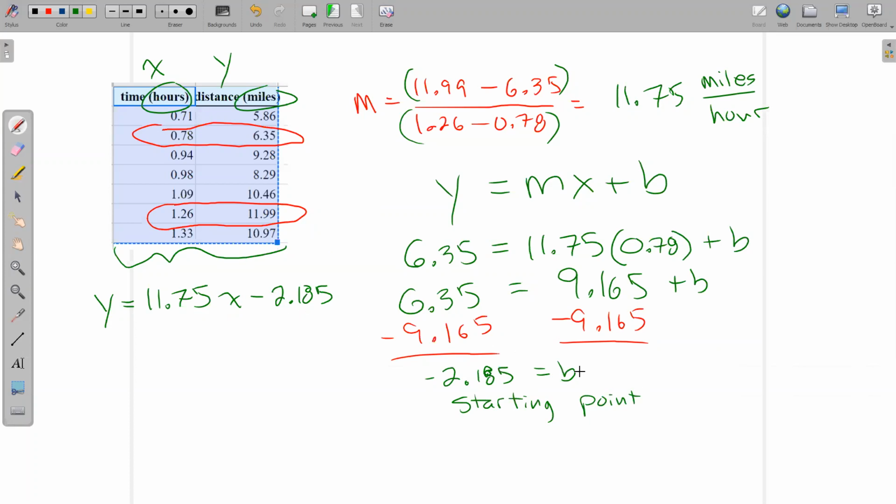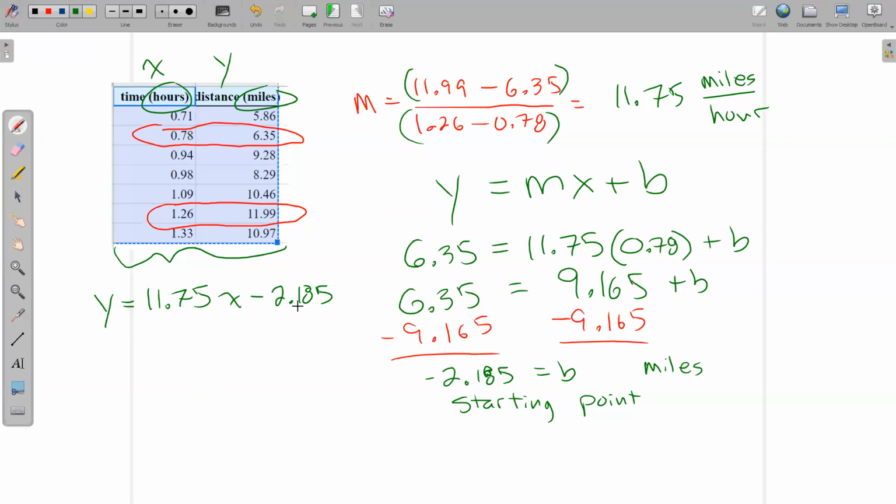B is a y value, y is miles. So this means Gary's starting at -2 miles. That's kind of weird, right? I start off wherever I start, that's 0. So this really should be 0, but to get the right line, that's just not going to work.